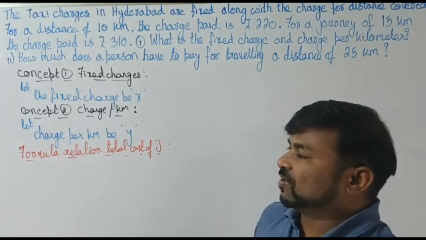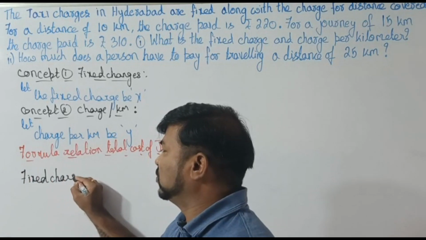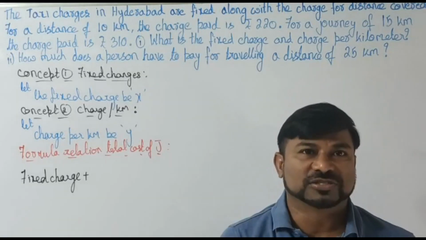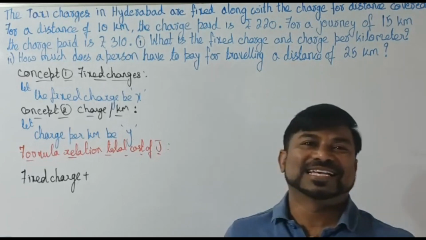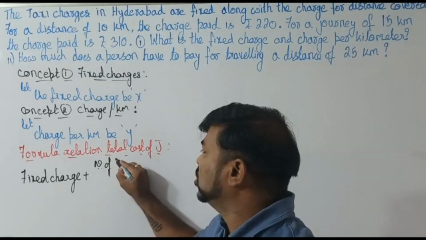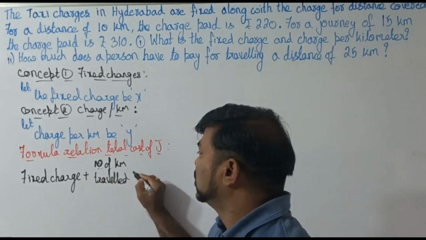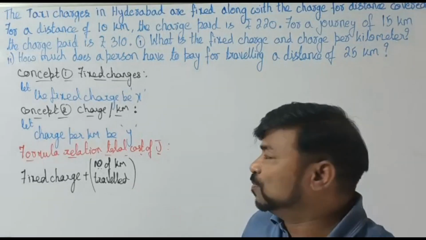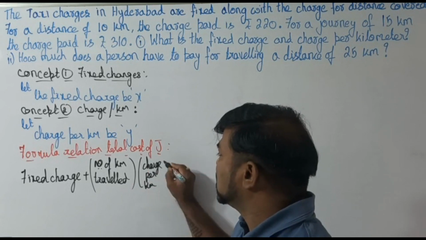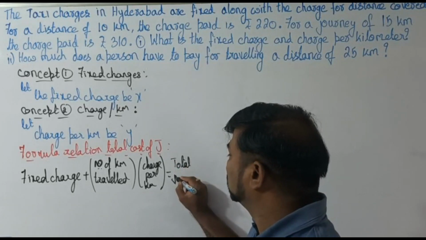The fixed charge, the charge for the vehicle, plus the number of kilometers traveled times the charge per kilometer equals the total charge.